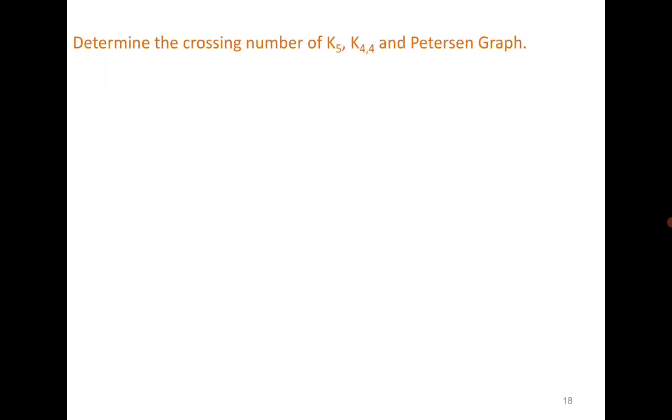So compute the crossing number of K5, K4,4 and the Petersen graph. Now we know that K5 has more than 3n minus 6 edges. So let's say it has 3n minus 6 plus k edges, which means it has at least k crossings. For K5, the number of edges is 5 times 4 by 2, which is 10, and 3n minus 6 is 3 times 5 minus 6, which is 9.